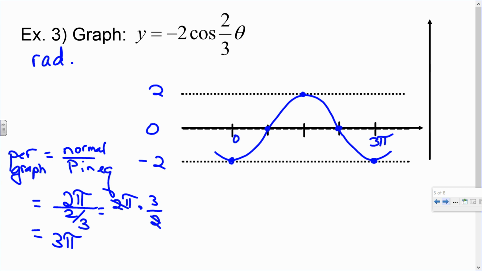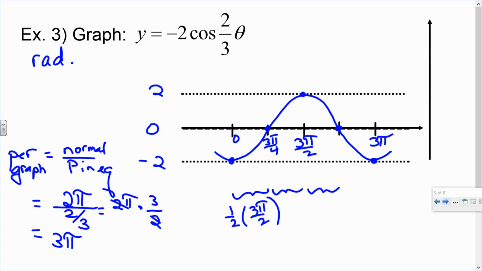It has to be halfway between 0 and 3 pi, what's half of 3 pi? So 3 pi over 2. Now the next one has to be halfway in between 0 and 3 pi over 2. So what's half of 3 pi over 2? 3 pi over 4. That means all of my critical values are 3 pi over 4 apart.